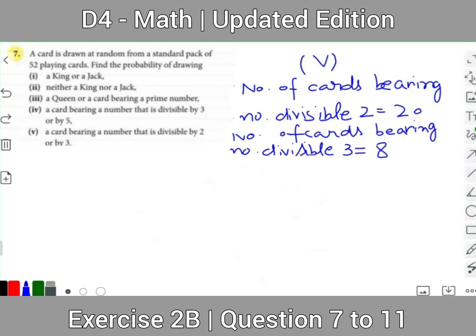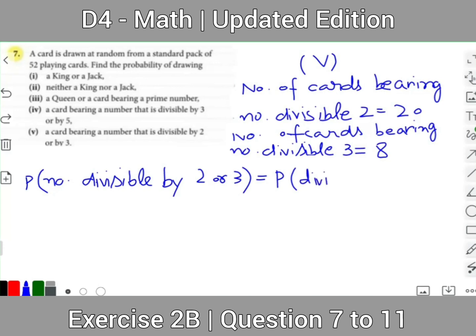Now, the probability that the number is divisible by 2 or 3 will be equal to the probability of the number divisible by 2 add the probability of divisible by 3.